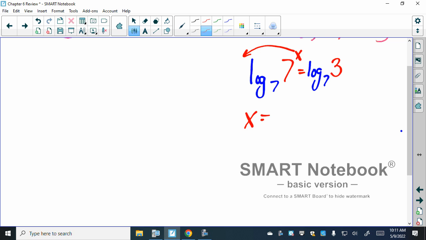X equals, because log base 7 of 7 is 1. 1 times x is just x. On the right-hand side, we have log base 7 of 3. And at this point here, we could type this into the calculator.